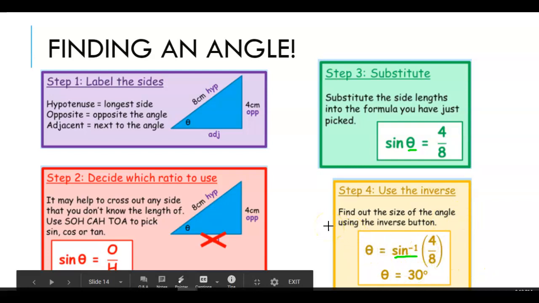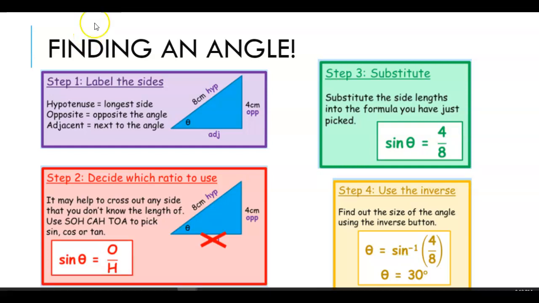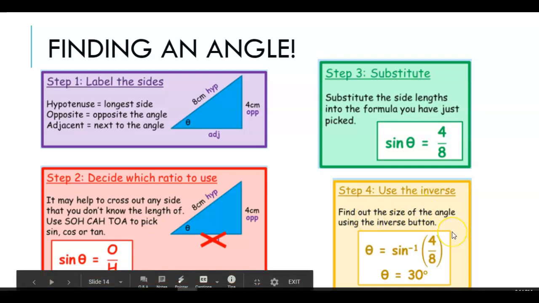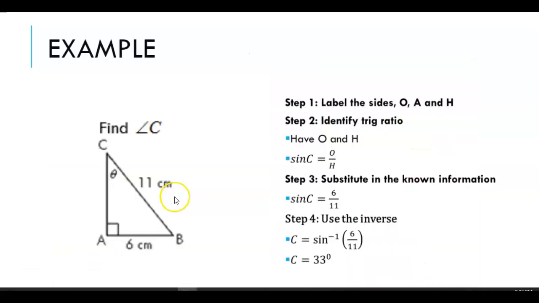Okay, so these are the steps that you follow when you solve for the missing angle. Very similar to when we solve a missing side up to step 3. And then here we take the inverse. That's the only difference. Okay, now we're going to look at this triangle to illustrate what we just talked about.